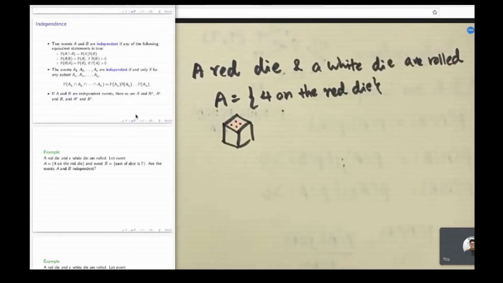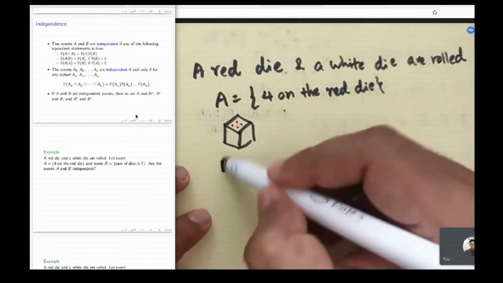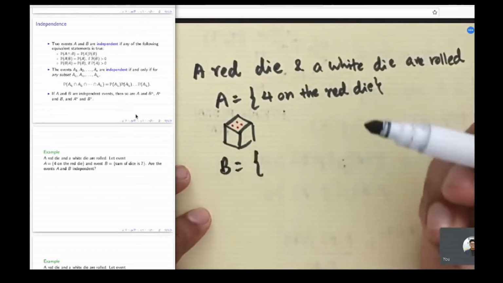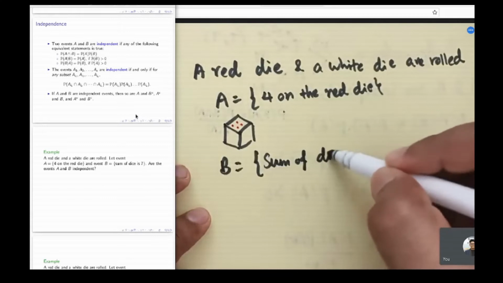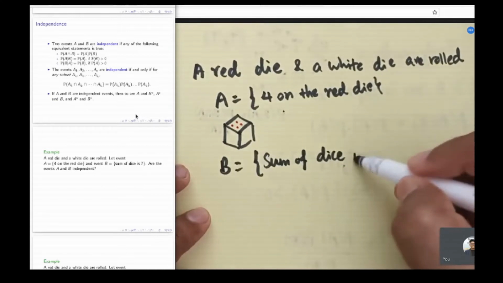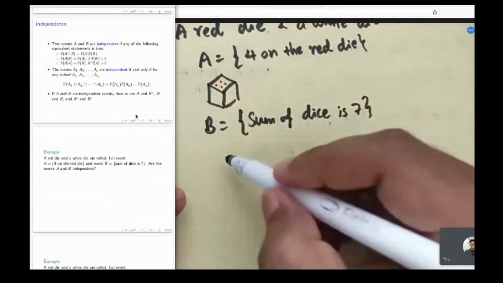And event B means the sum of the dice is 7. So for example, let's take another example.